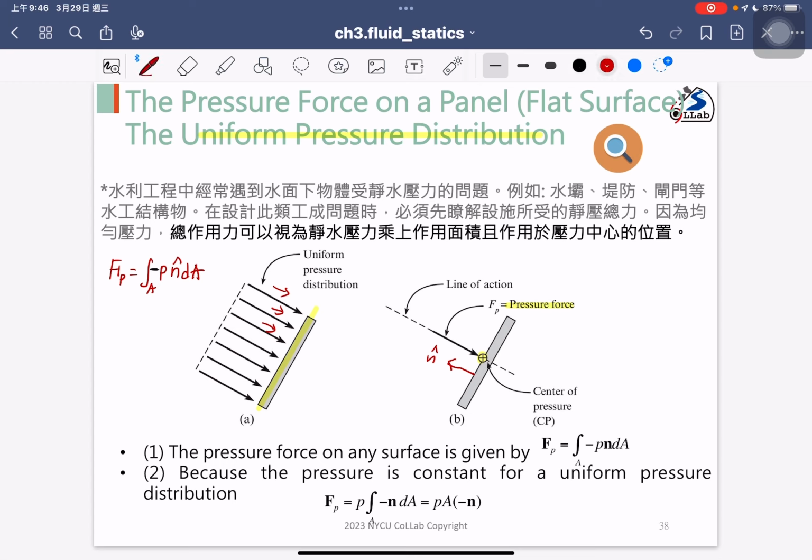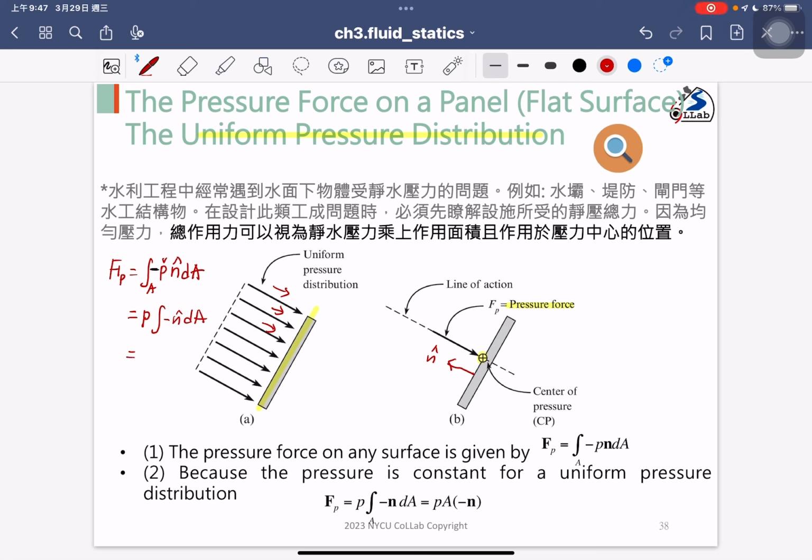And as we know, the pressure here is uniform, so it doesn't change with location. So we can put P outside the integration, and inside we only have the minus normal vector of the surface integrated over all the areas.